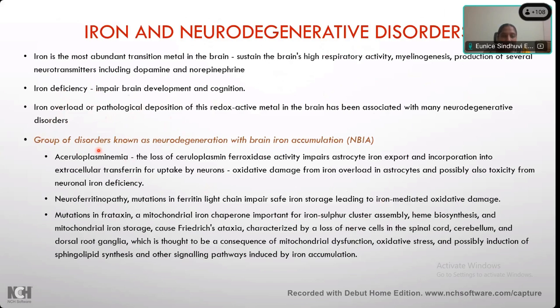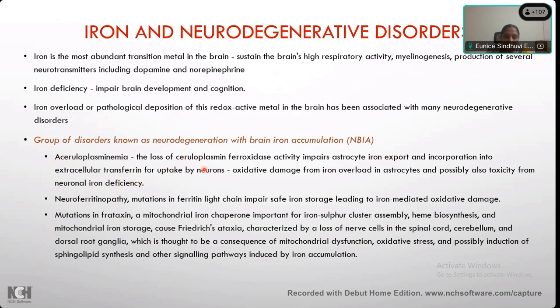There is a group of disorders known as neurodegeneration with brain iron accumulation. One is aceruloplasminemia, a genetic cause, which can impair astrocyte iron export and uptake by neurons, leading to iron accumulation.